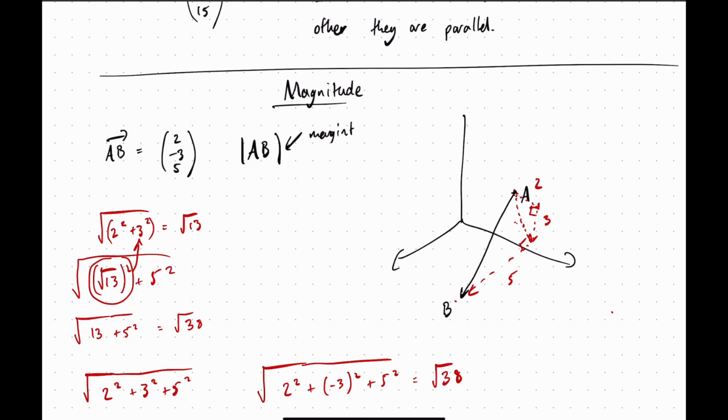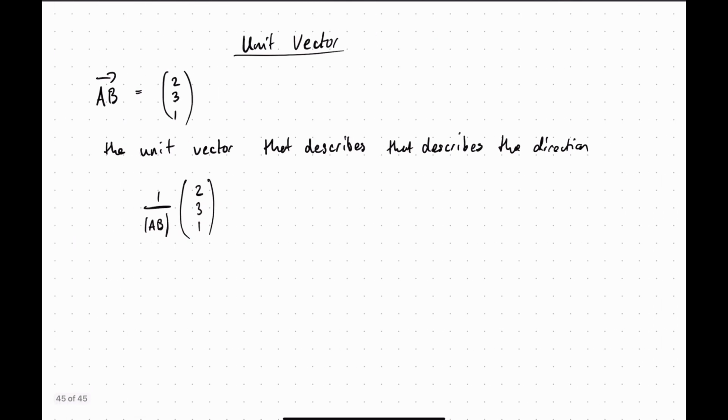So it's 1 over the magnitude times the vector. I could also write that as 1 over mag AB times AB.